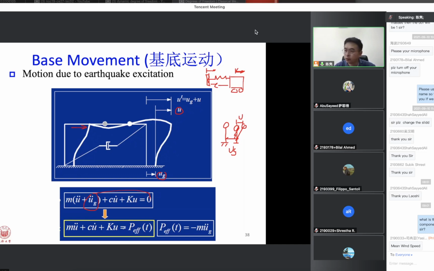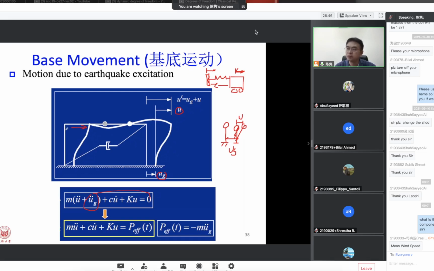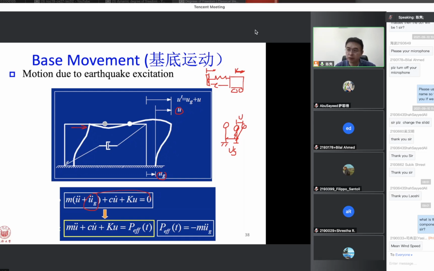Here's one thing I need to remind you. This variable is relative displacement. If you would like to know the absolute displacement of the structure due to the earthquake, you should add this one with this one, similar to what we just discussed about the static force.